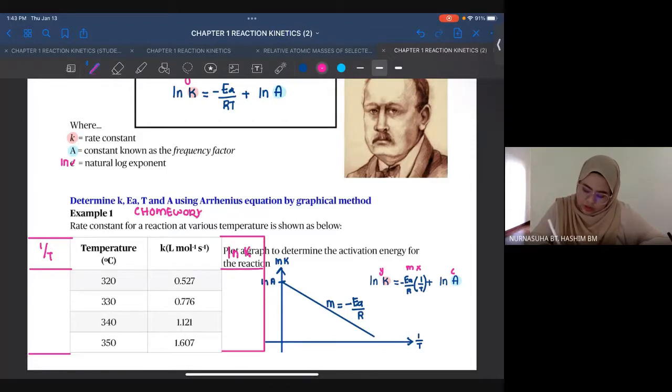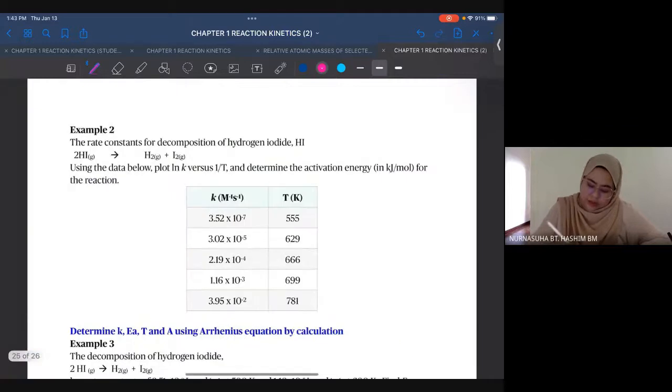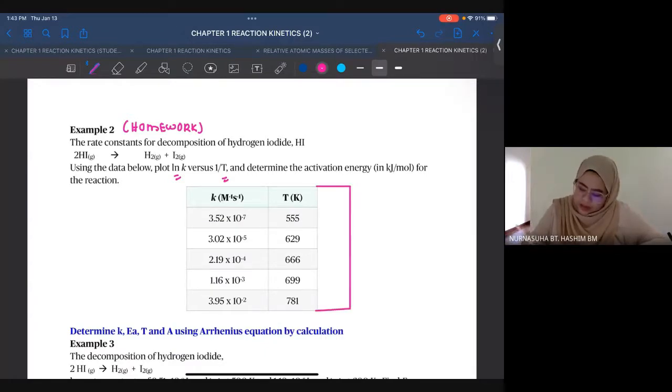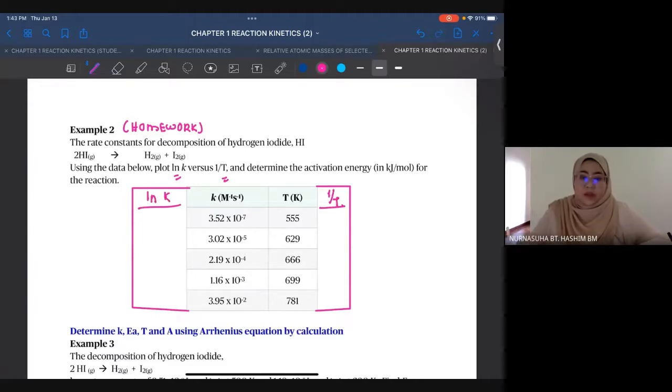And also example. Memang kena guna kertas graf. Yang ni dia dah cakap plot ln K versus 1 over temperature. Yang ni pun sama. Okay, you tambah data 1 over T di sini, ln K. Okay, then plot the graph.